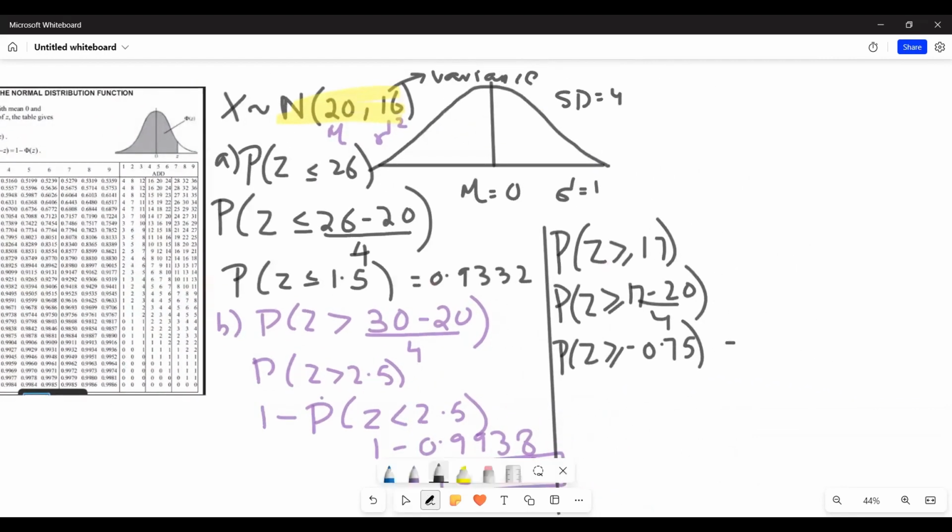This is the same as 1 minus probability. Hold on, let me draw it to make more sense of it. So now this would be 0, since we've changed the mean to 0. Negative 0.75 would be somewhere over here.